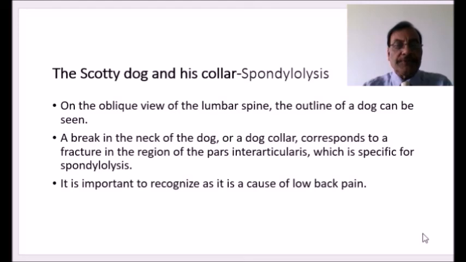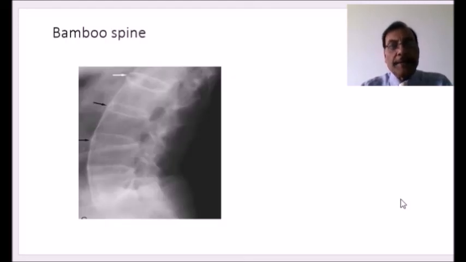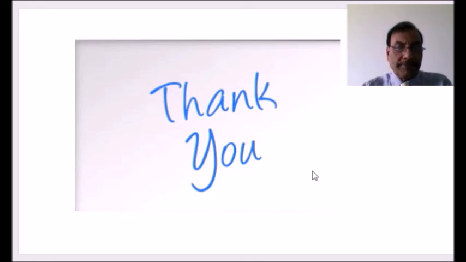It is specific for spondylolysis. There can be bamboo spine. This is pathognomonic of ankylosing spondylitis, where vertebrae fuse with each other. Go through the slide a few times. I am sure you will be competent to interpret the X-ray of the spine. Thank you very much.